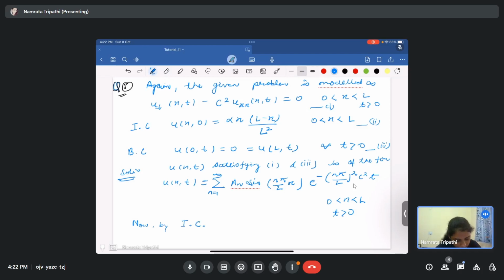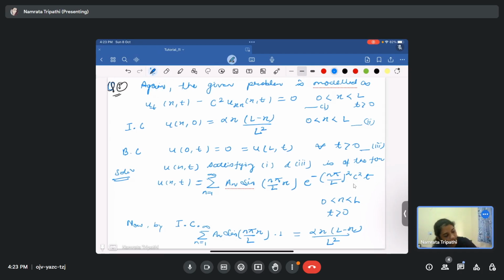By the initial condition, which is given in equation 2, t is equal to 0, then an sine n pi x upon L, this will become 1 after putting t equals 0, equals alpha x (L minus x) upon L square. Fine. Where x is from 0 to L and t greater than 0. So what will be the value of an?